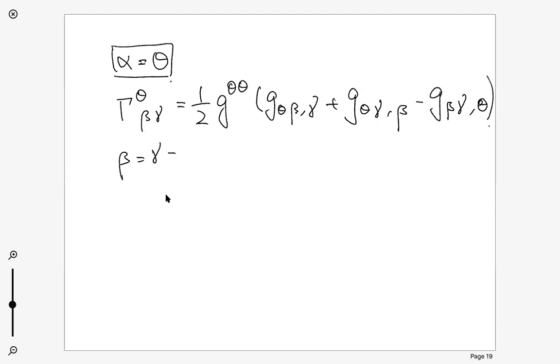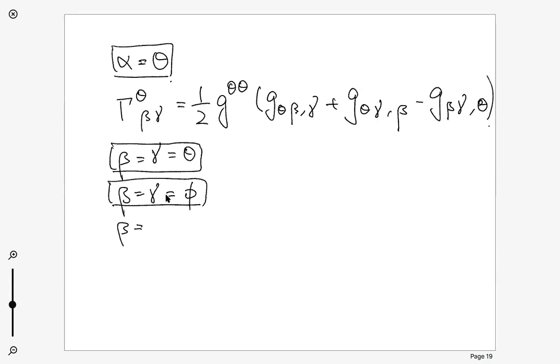So there are, in general, 3 possibilities. Beta and gamma are the same, which is equal to theta. Beta and gamma are the same and equal to phi. And then they are not the same, one of them is theta and the other one is phi. So what happens if beta and gamma are both theta? Which means we are talking about the theta, theta, theta components.